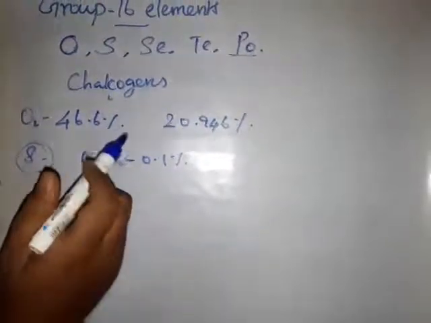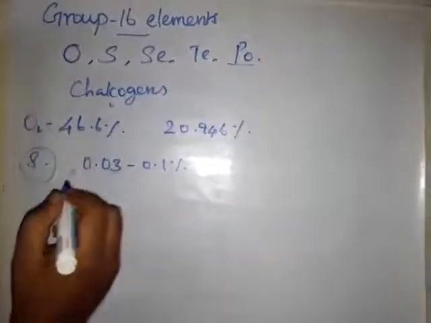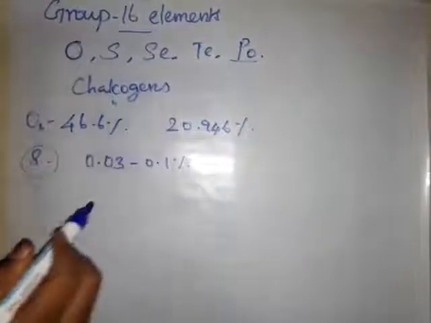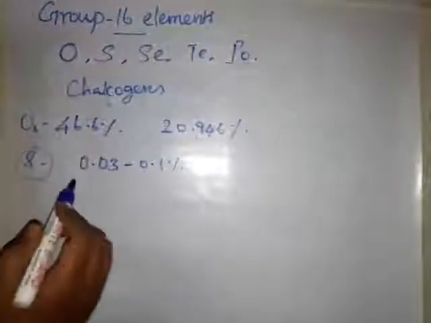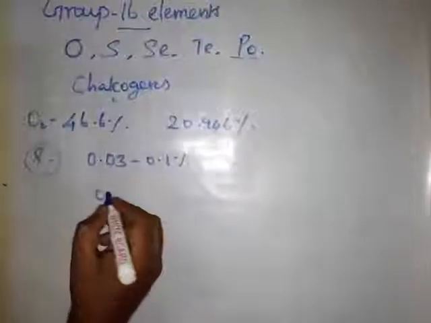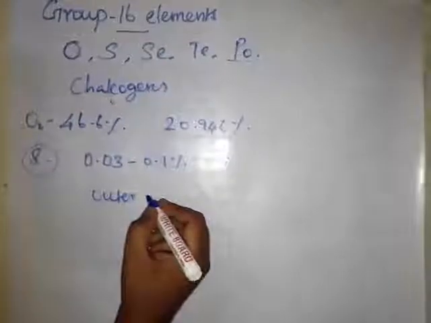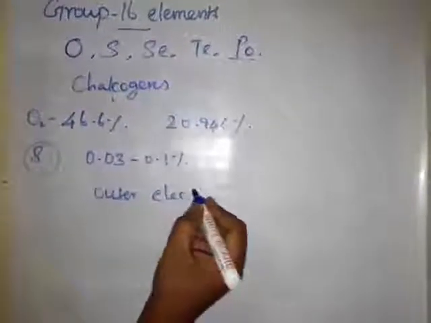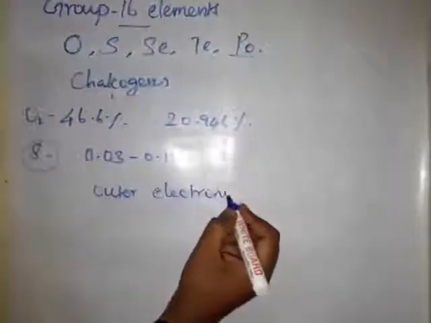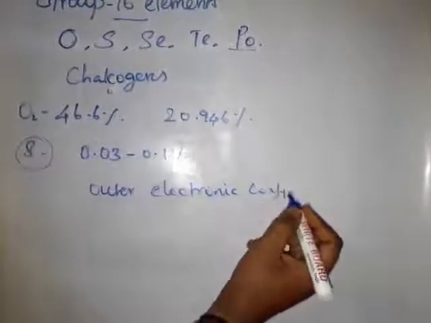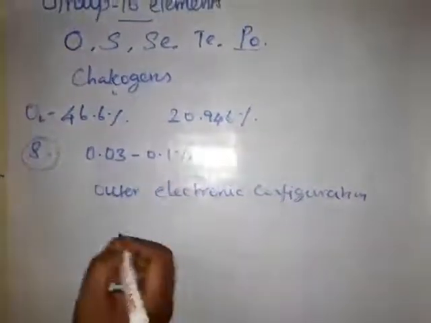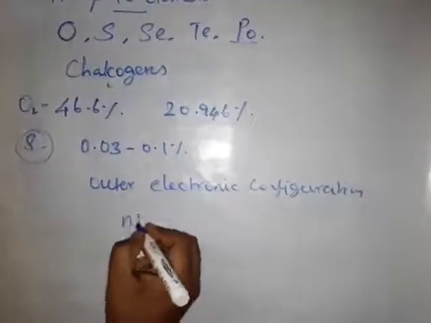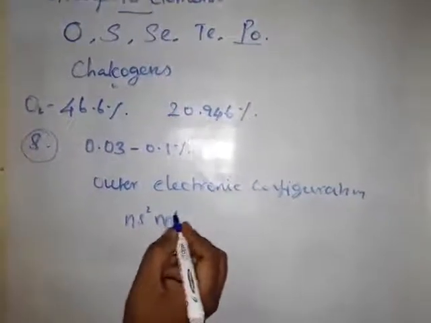Here we will discuss the electronic configuration, the general electronic configuration for group 16 elements. The general outer electronic configuration is ns2 np4.